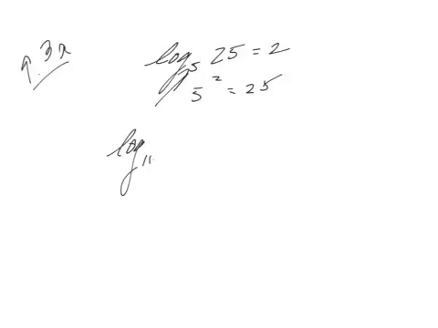Now up to this point we've been doing something like this, so let's put an actual one up here that works. We had something like that, which written in exponential form would be 5 squared equals 25. So that has a base of 5. Most of the time in math and sciences we're going to be using a logarithm with a base 10.